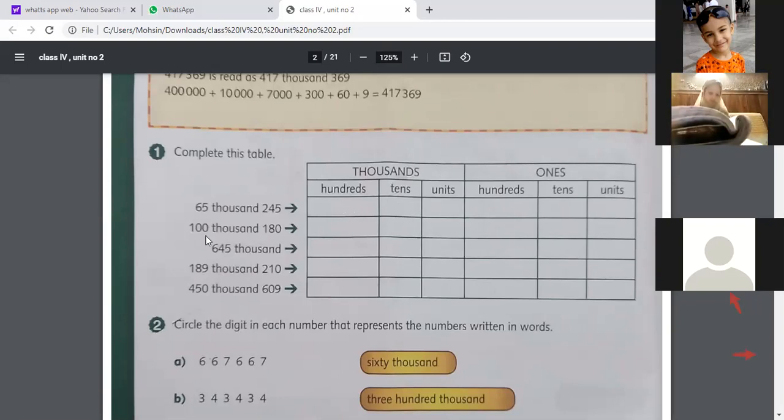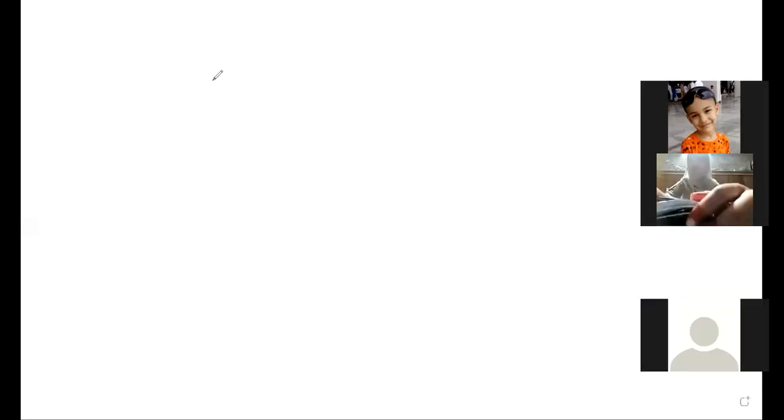The next one is 100,180. I'm going to solve this one on the board for you. Look at the board, everyone. How will we do this one?